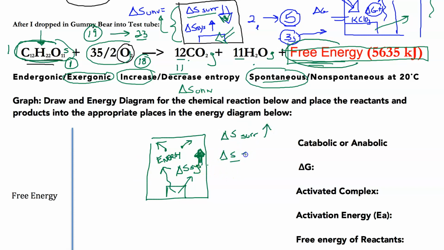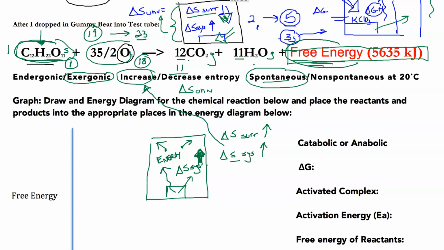The delta S of the system is going up, like we just said, because we had more degrees of freedom, more particles being produced in some of those gases. You add these together and you're going to get an increase in overall entropy. So don't get confused about always looking at the individual particles. It's one component, and we're going to get to that a little bit in the next lecture.